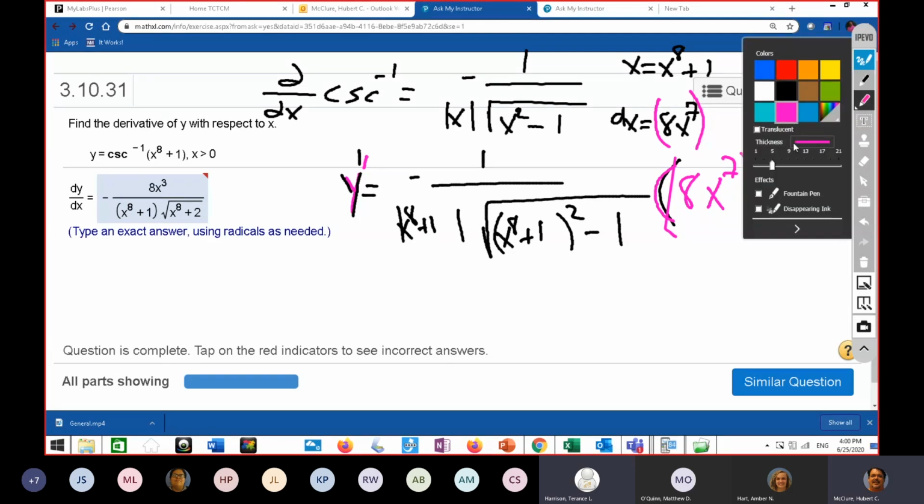No, look at the beginning of the problem. X is greater than 0. Okay, cool. That works. Therefore you can take those off. I'm just going to do away with them in the next step because of that right there.